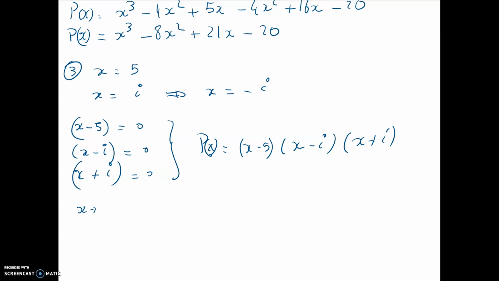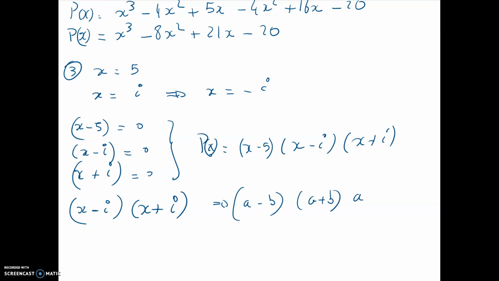I'm going to focus first on x minus i times x plus i. There are two options for me. I can notice that this reminds me of a minus b times a plus b, which is a squared minus b squared.